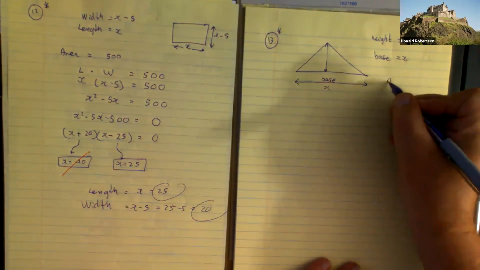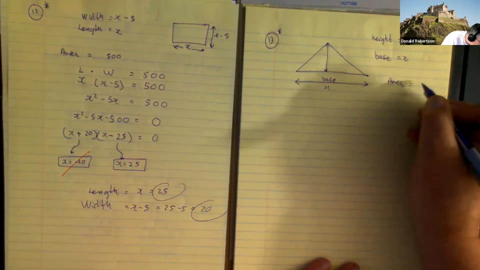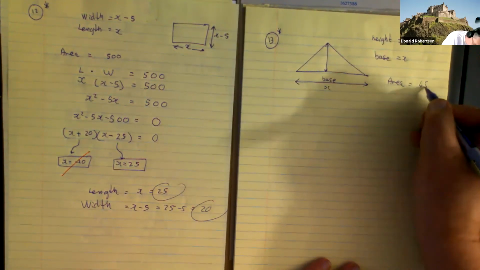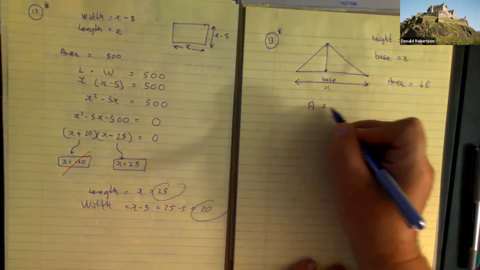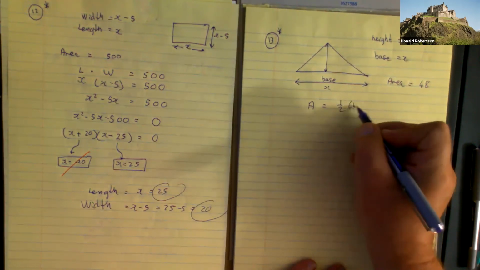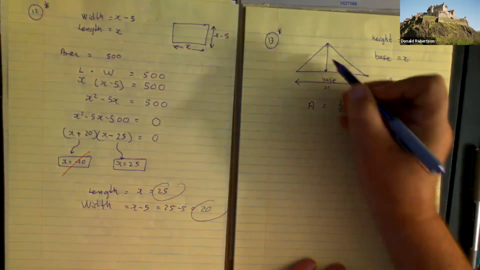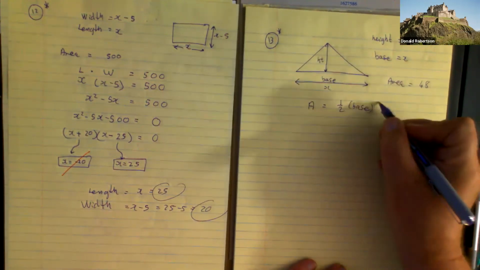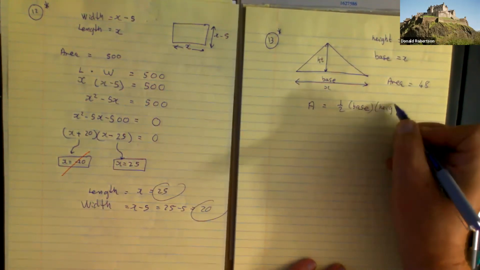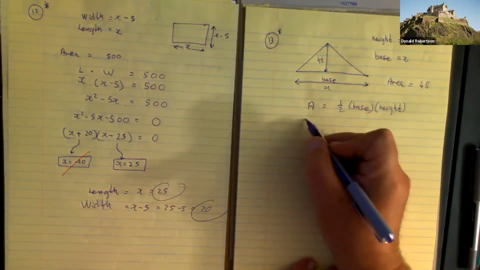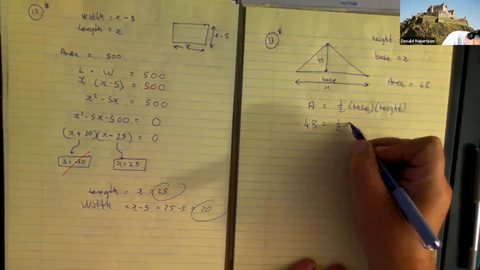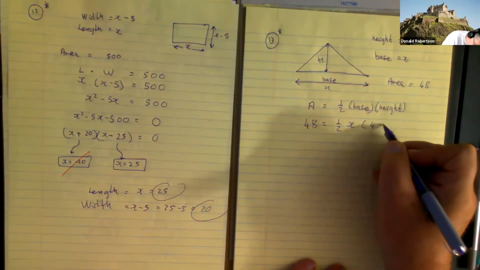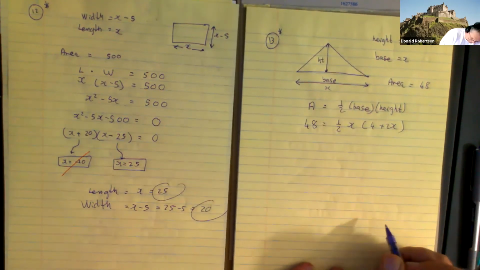And we are told that the area of this triangle is 48 square centimeters. Right, and if I want to get the area of a triangle, it's a half the base times the height. And the area is 48. And that's going to be 1/2 x times 4 plus 2x.